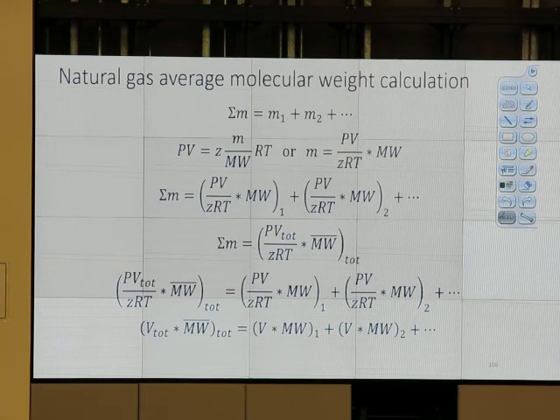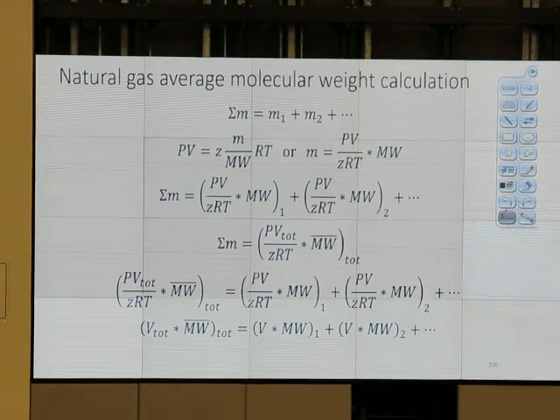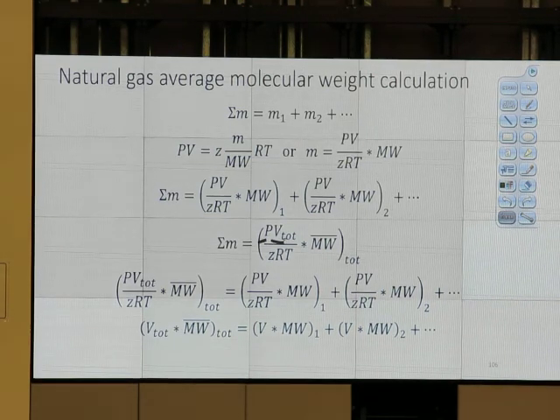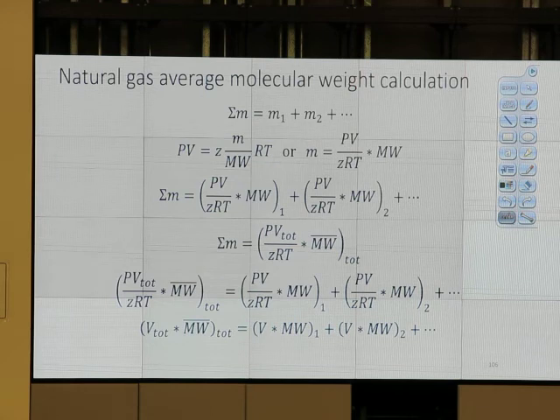And of course, mathematically, mass is molecular weight multiplied by PV over ZRT. So this whole thing should equal total pressure, total volume divided by ZRT, multiplied by the average molecular weight.